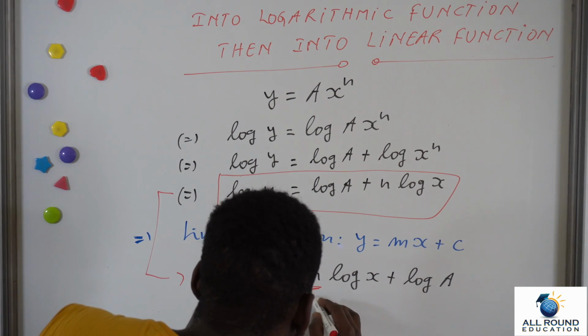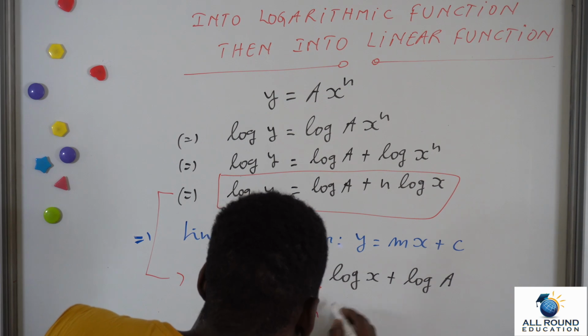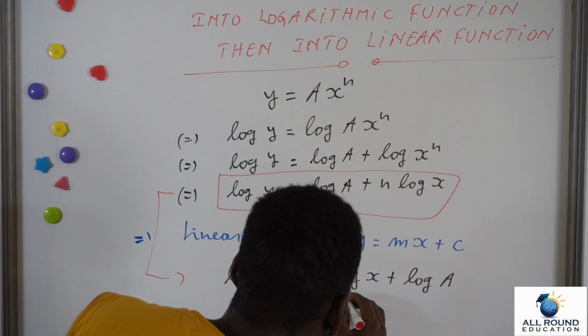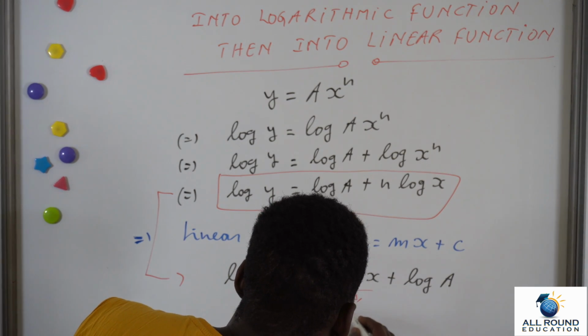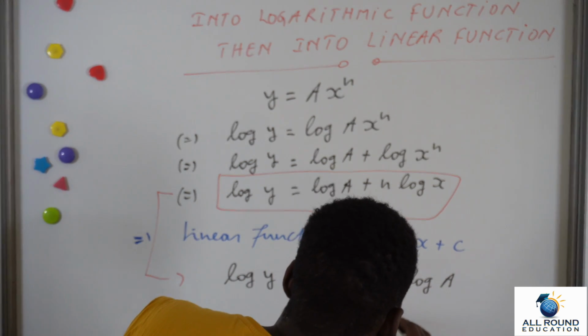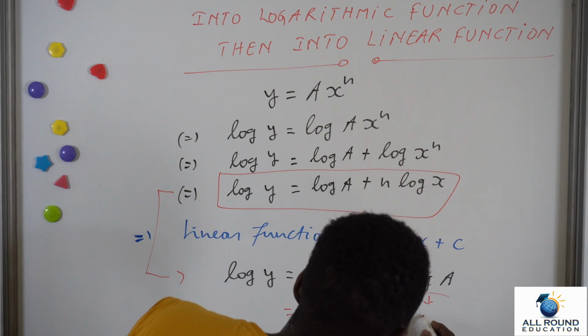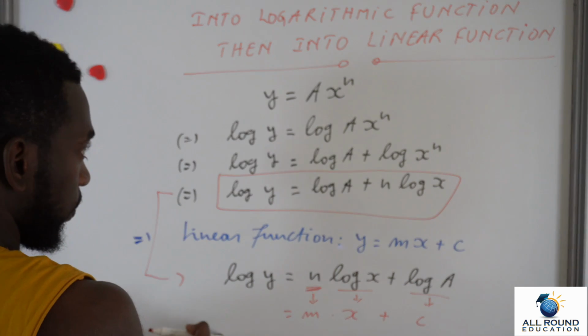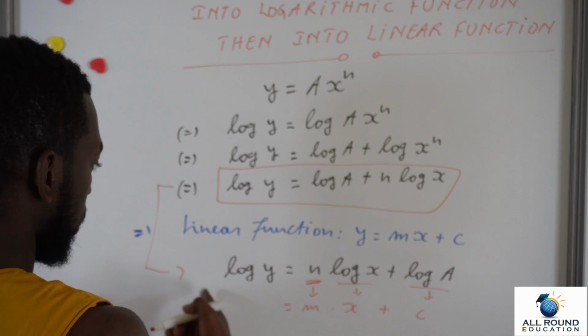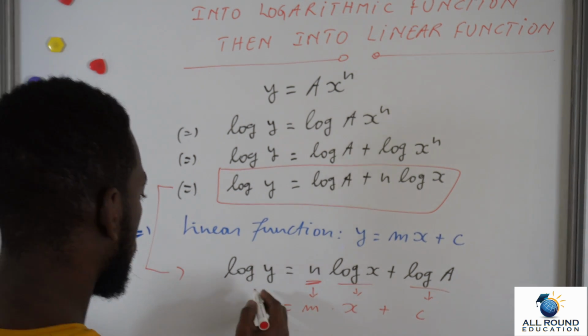This log x is just a normal variable, so this will be our mx, and we have plus log a, which is just a constant, this will be our c, and the log y is just your y.